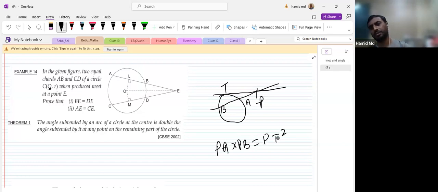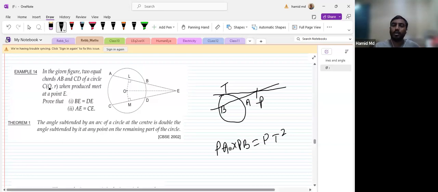Maybe in 10th you encounter it, but I think if you know it, it will be good. It may help somewhere, or give some additional knowledge. So PA into PB is equal to PT square. If you can memorize some relation, actually memorization is being discarded, but that is not always the practical thing, right?